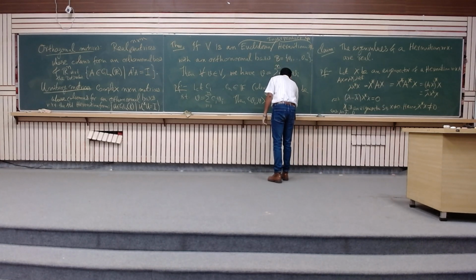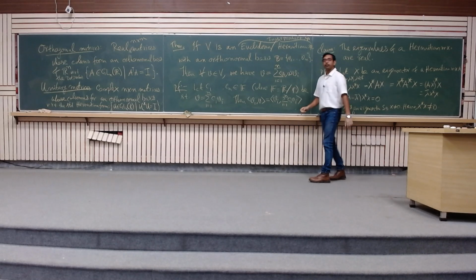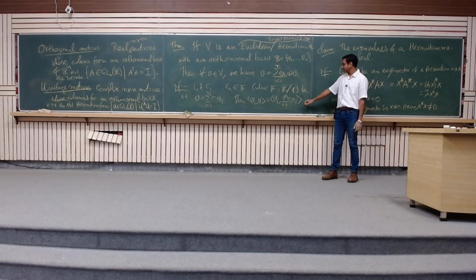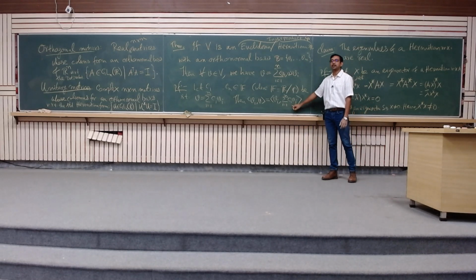Ci Vi, i running from 1 to n. We are going to use linearity in the second variable that we have for bilinear forms as well as Hermitian forms.